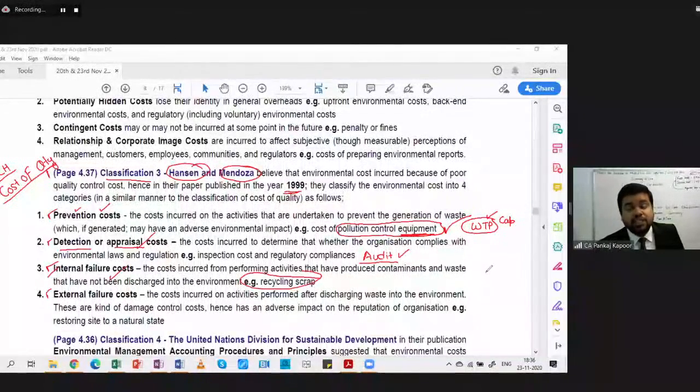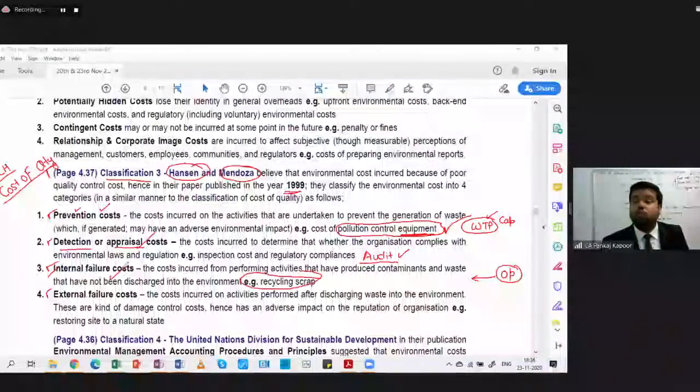But if we operate the water treatment plant, the operating cost will come here, internal failure cost. We generate toxic water, but we don't want to release it to the nearby drain or river. So we decided that firstly we treat the water, and then the treated water we will either use again or release in the drain.